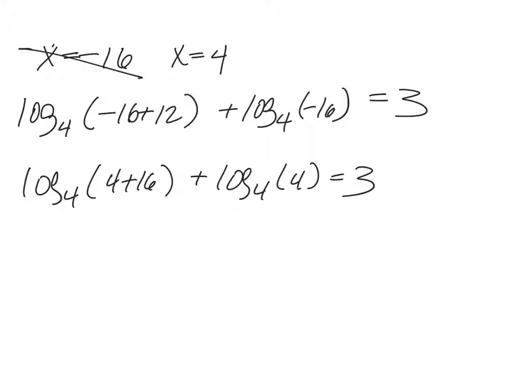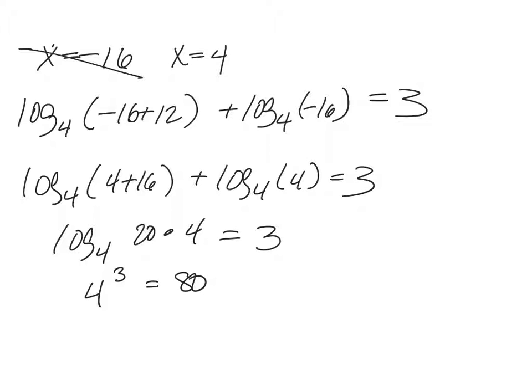4 plus 16 is 20, times 4 is 80. So I have log base 4 of 20 times 4 equals 3. 4 to the third power equals 80. That doesn't work.